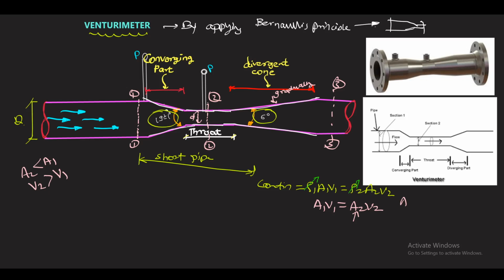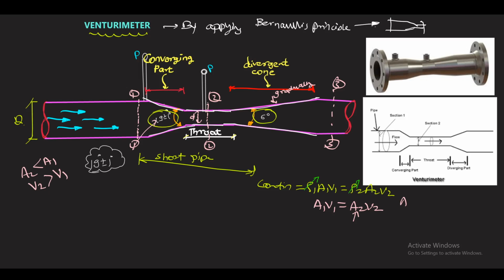So generally in venturimeter, the convergent cone angle is 20 plus minus 1, that is 19 to 21, okay.